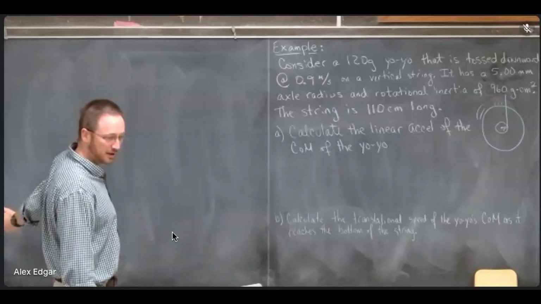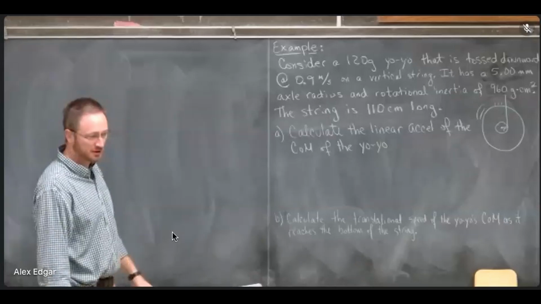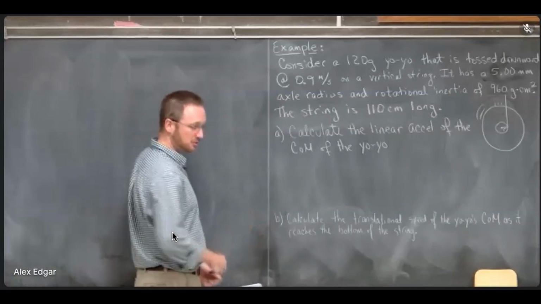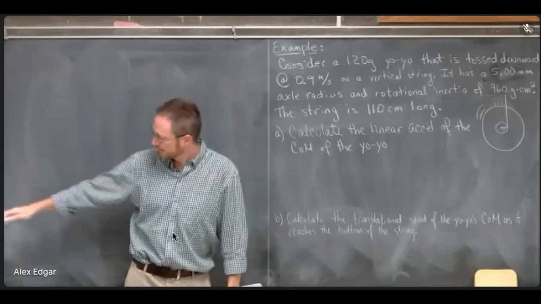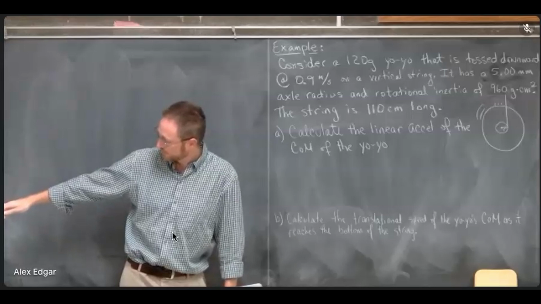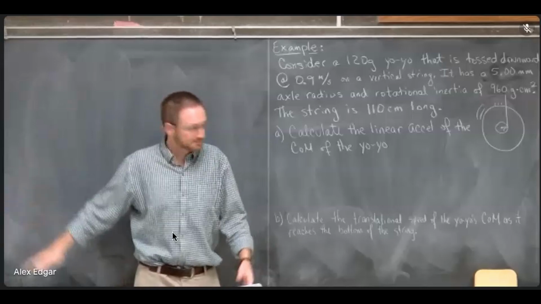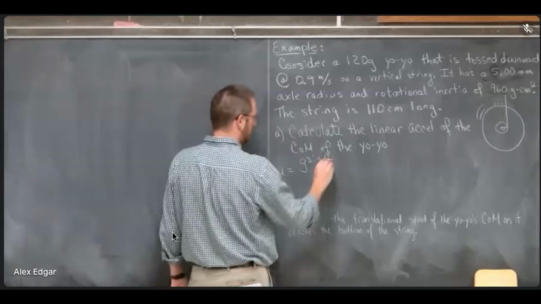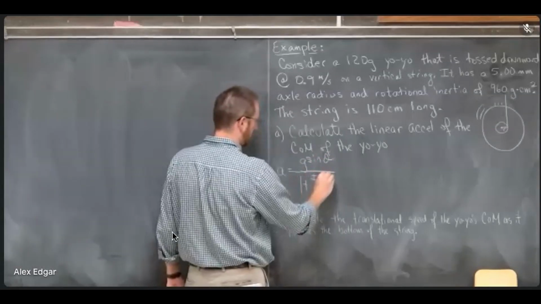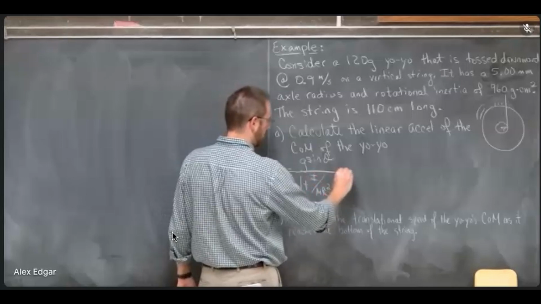Let's use that equation and find out what the linear acceleration of this yo-yo is going to be. Since we already derived the equation, I'm not rederiving it. That's what that board is. Let's just take that equation at the very end and plug numbers into it. So a equals g sine theta over 1 plus I over m r squared.